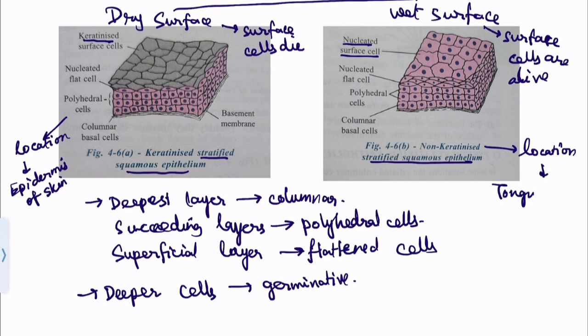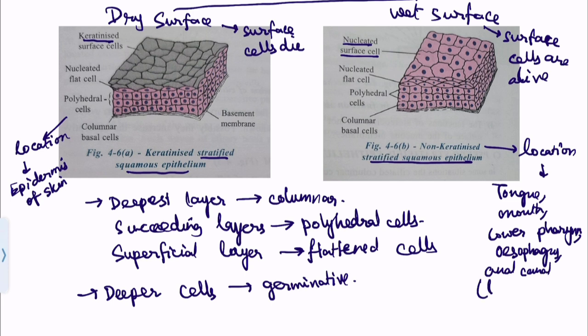Tongue, mouth, lower pharynx, esophagus, anal canal, lower part, vagina, cornea, etc. So we are done with the stratified epithelium.